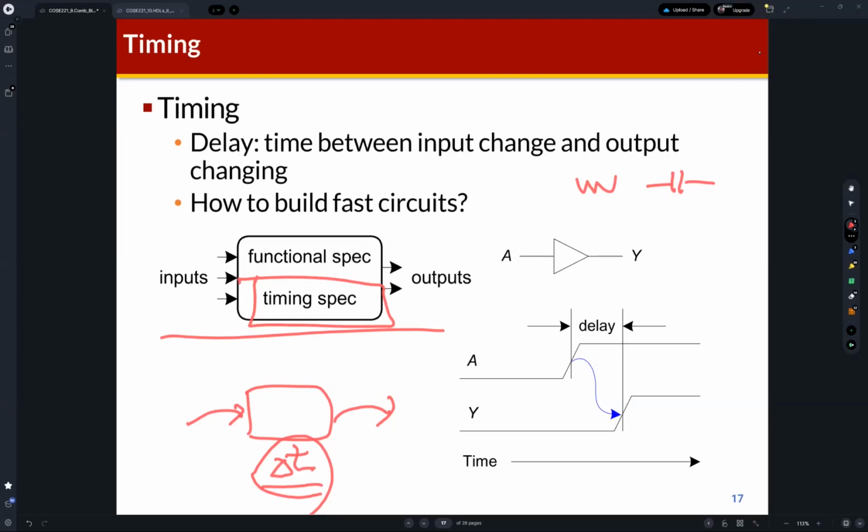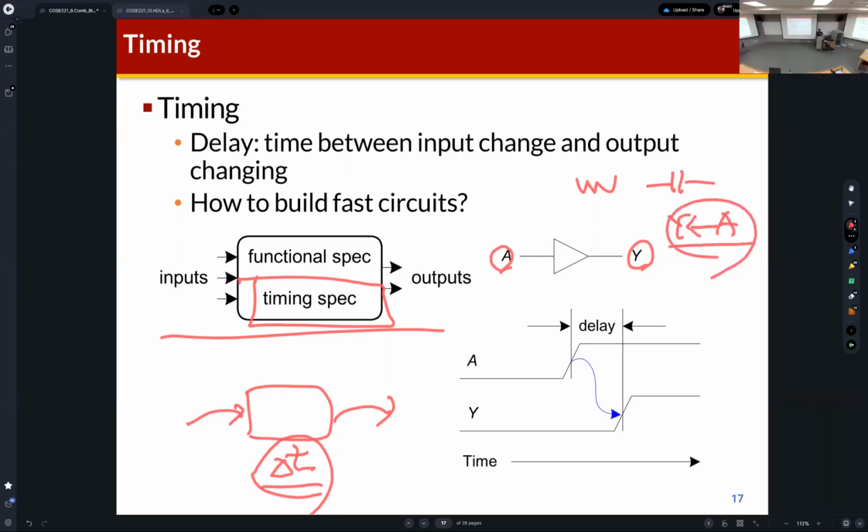Okay, so let's see this example. This is just a buffer, with input A and output Y. We already know the functional specification of this buffer: Y is just the same as A, right? But in this buffer, we also need to consider the timing specification, which is the delay of the circuit.